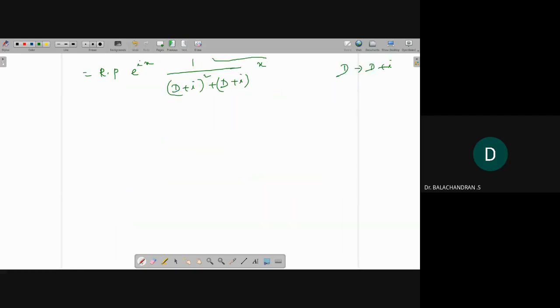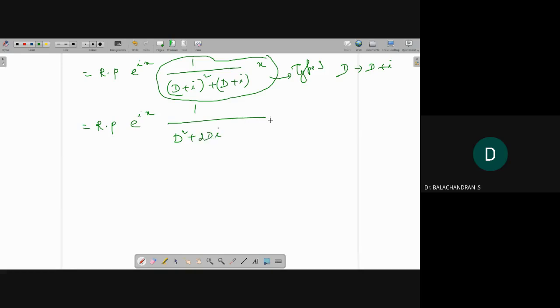So now this is type number 3. So this is equal to real part of 1 by, expand it, d square plus 2di, i square is minus 1, plus d plus i into x.